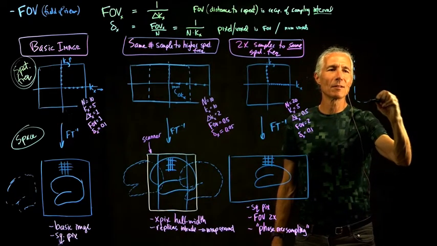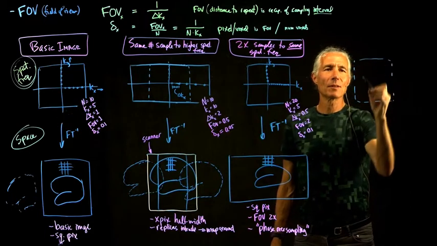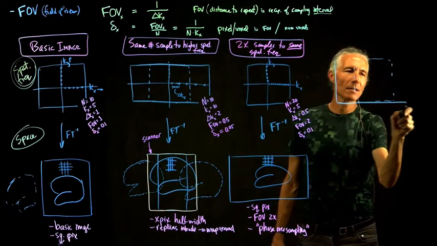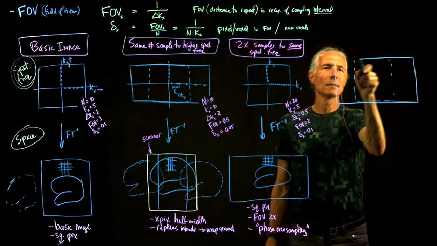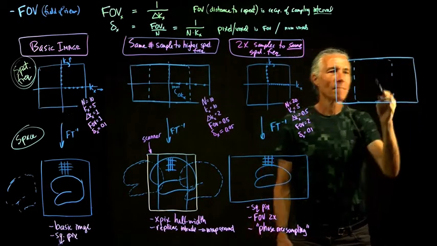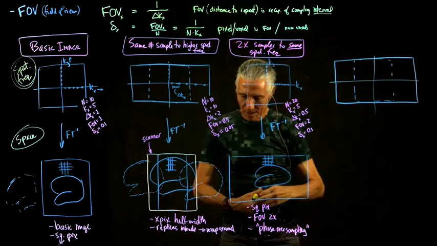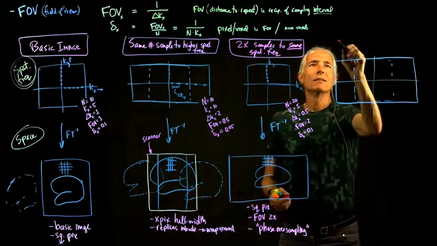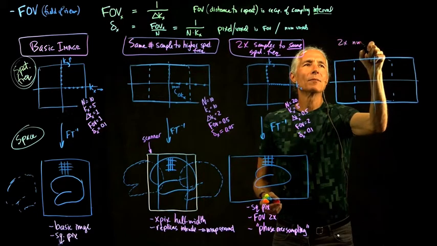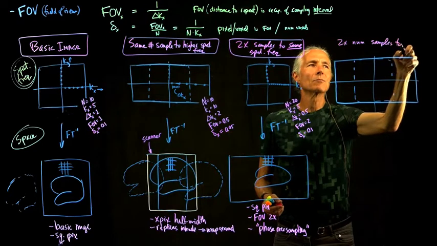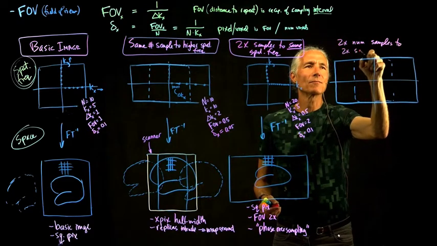So here's our original K-space. How would you do that? You would just make a rectangular K-space like that. So this one is 2 times number of samples to 2 times spatial frequency.